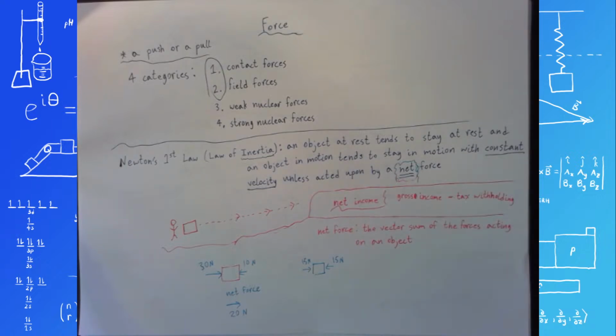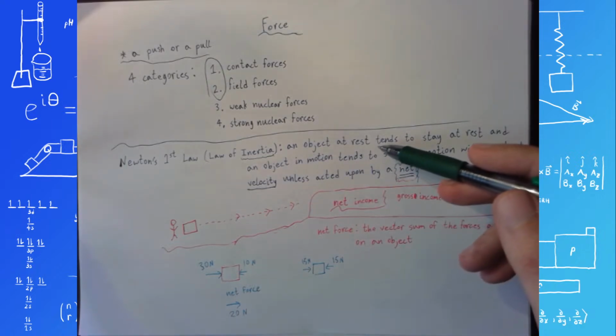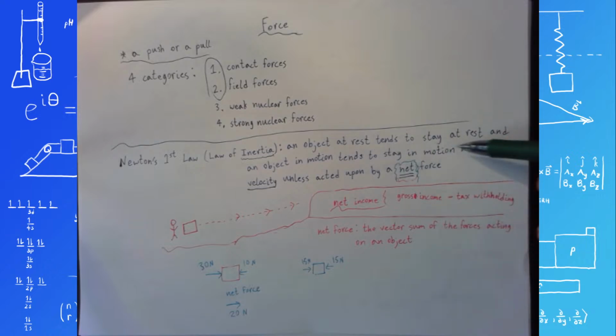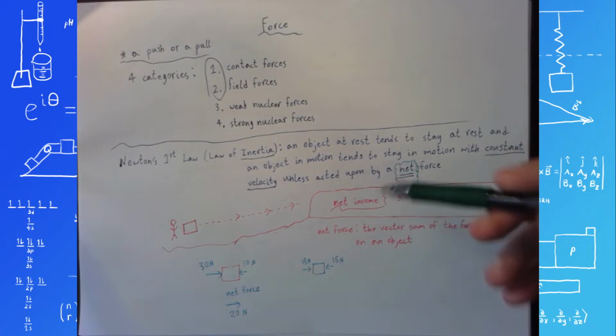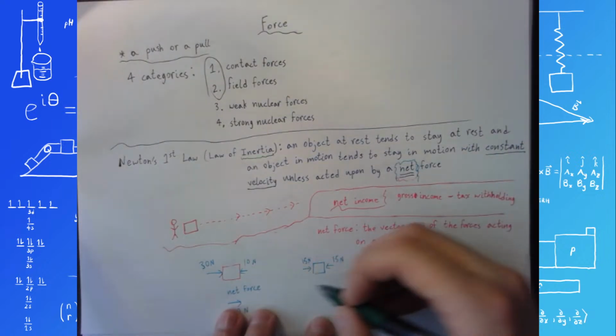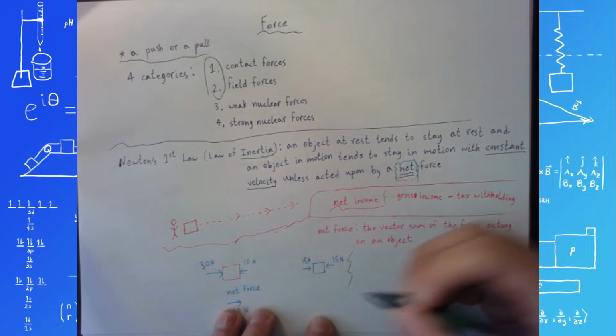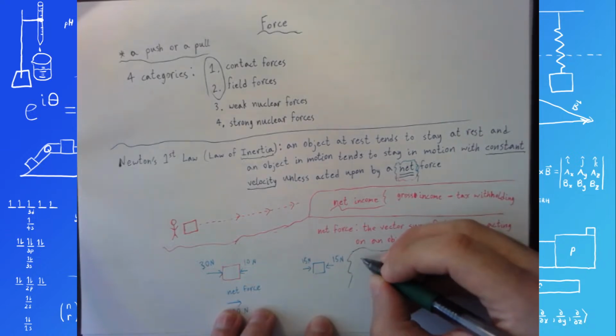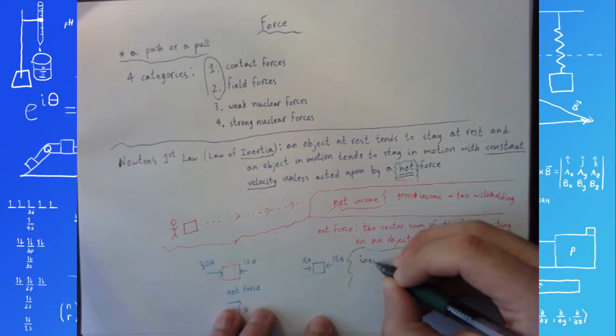But inertia is basically the word that Newton used for this behavior, this tendency to resist change to your velocity. An object's tendency to resist change, that is what we call inertia.